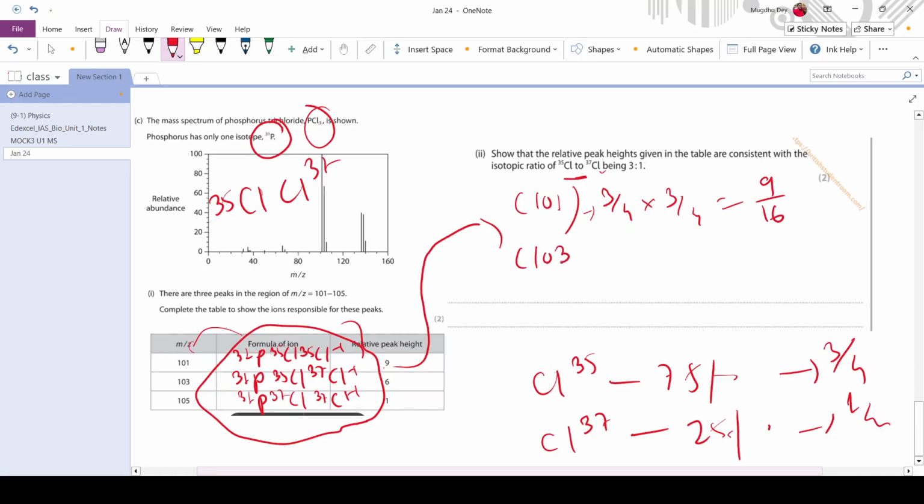Then for 103, there are 35 and 37, so that's 3/4 and 1/4.